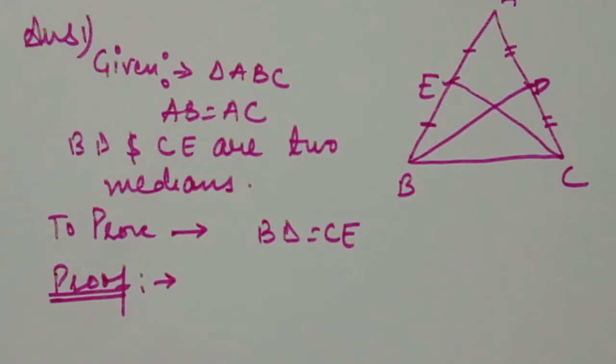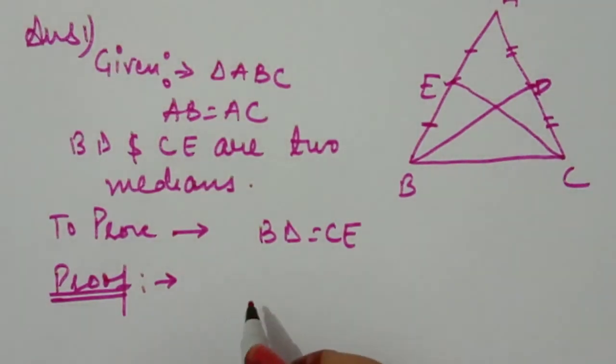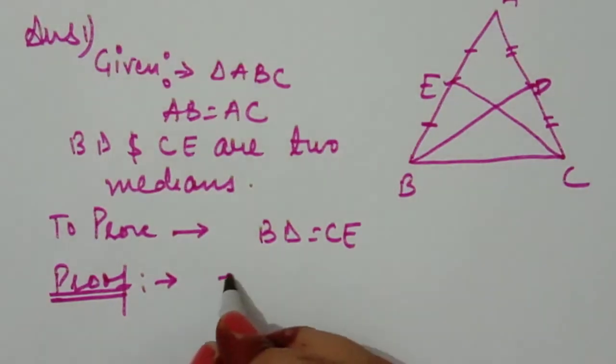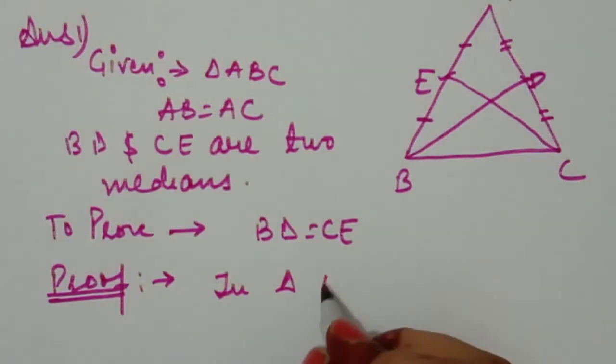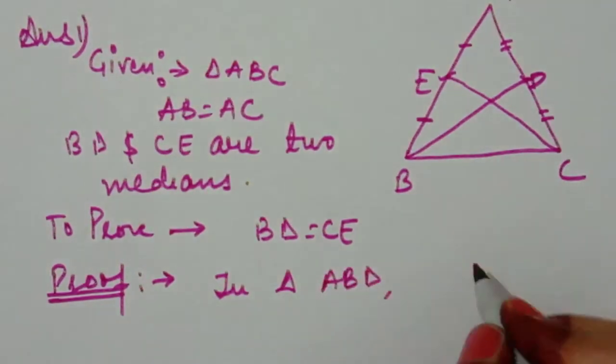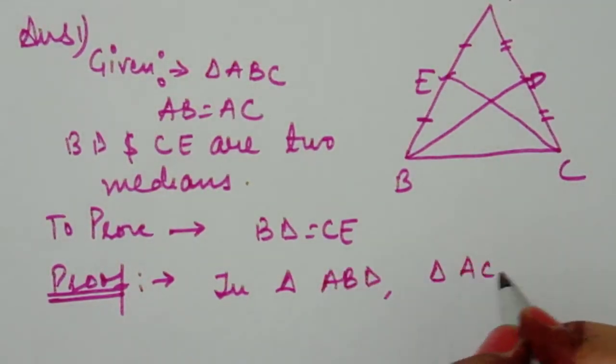So students, definitely we will follow the congruency method in this question. First of all, we will choose two triangles. In congruency we have to choose two triangles and you have to write them properly. So first of all, I write in triangle ABD and triangle ACE.